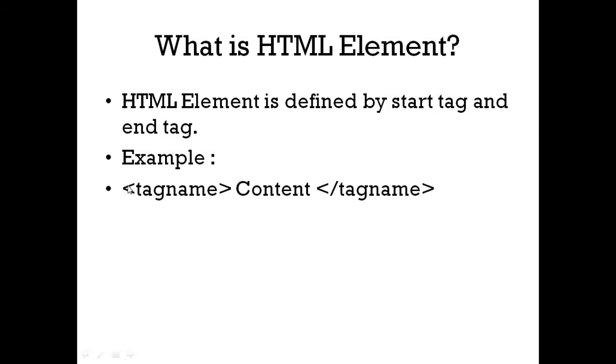This is the less than symbol, then we have the tag name, whatever tag we have, then the greater than symbol, and then our content. Then we also have the less than symbol, the forward slash, again the tag name and the greater than symbol. So this is called an HTML element, or we can say it is a tag.